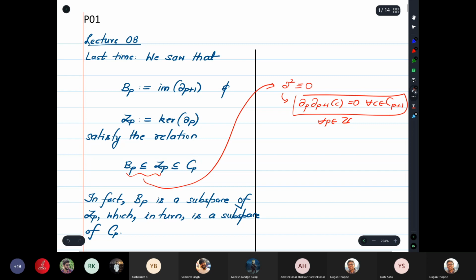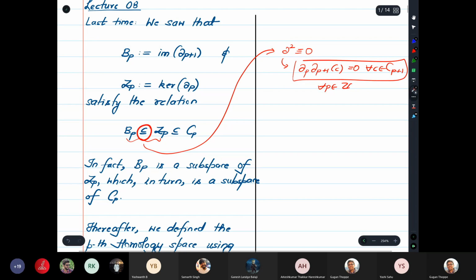While the subset relations are trivial, what is also important to note is that they are in fact subspaces. B_p is a subset of Z_p, but B_p is a vector space in itself. Similarly, Z_p is a subset of C_p and Z_p is a vector space in itself. So this is a vector space, this is a vector space, this is a vector space, and B_p is a subspace of Z_p, and Z_p is a subspace of C_p.